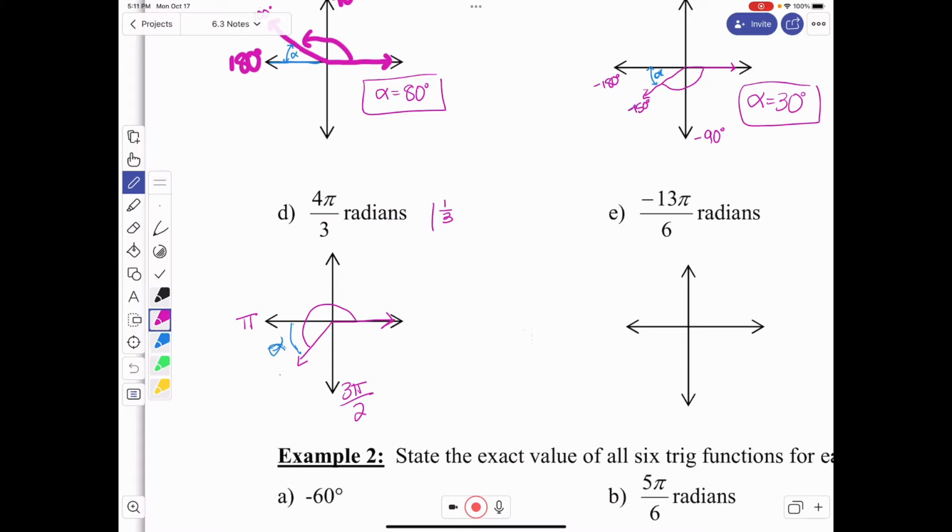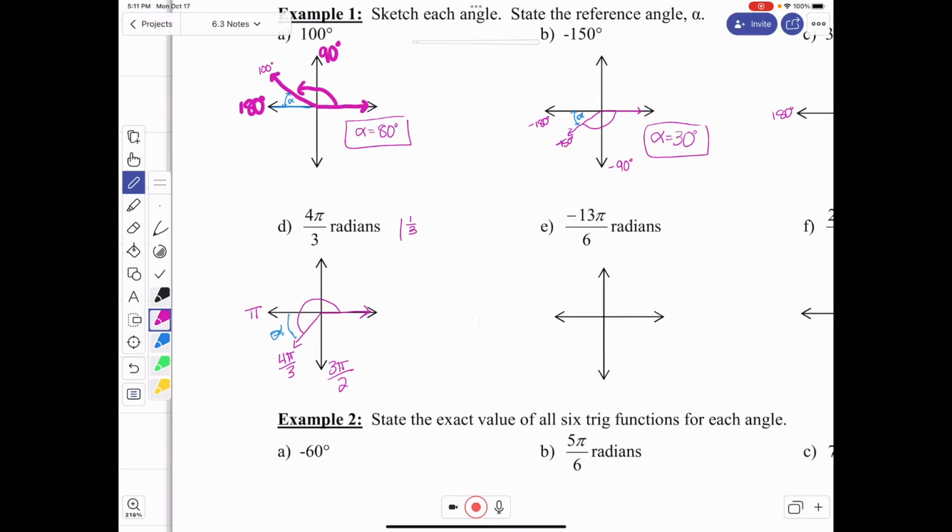Let me go ahead and label this. This is 4/3 pi. I'm going to have to zoom out a little bit. Looks like it's not cooperating. I'm thinking in terms of radians. From here to here I know was 1, and I basically went 1/3 past that x-axis. But then we have to put a pi back in there.